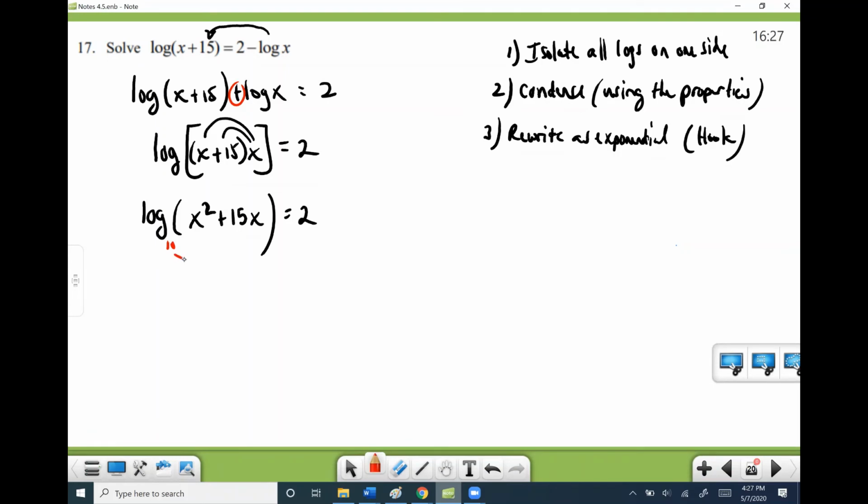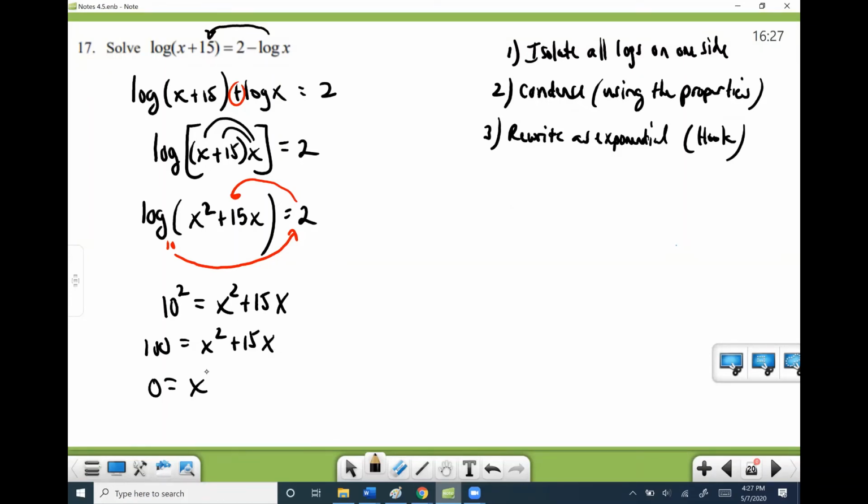So it's going to be 10 to the second equals all of that stuff. 10 to the second equals all that. Nice. Okay, so 100 equals x squared plus 15x. Let's move the 100 over to the other side, making him negative.